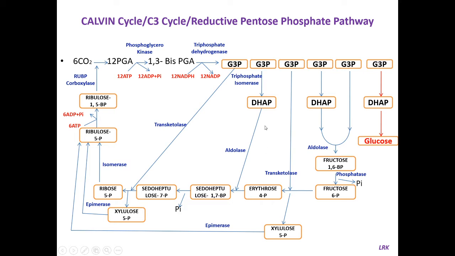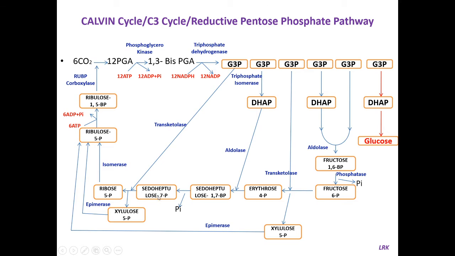So these 4 carbons plus these 3 carbons, a total of a 7-carbon compound, is formed, which is called sedoheptulose 1,7-bisphosphate. This reaction also takes place in the presence of aldolase, and immediately this sedoheptulose 1,7-bisphosphate loses one phosphate ion in the presence of a phosphatase enzyme, and the resultant structure formed is sedoheptulose 7-phosphate, which is a 7-carbon compound.